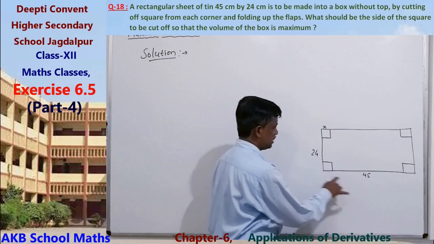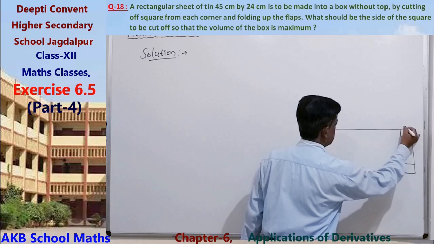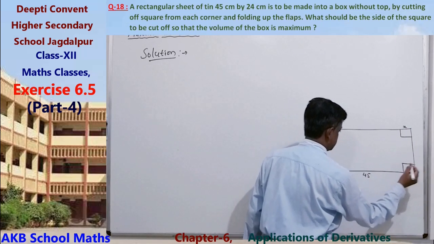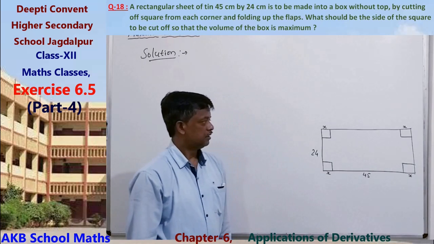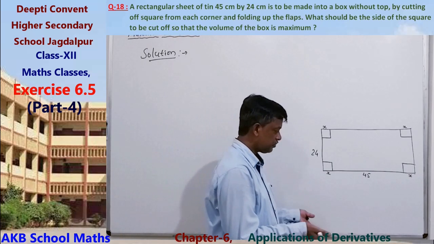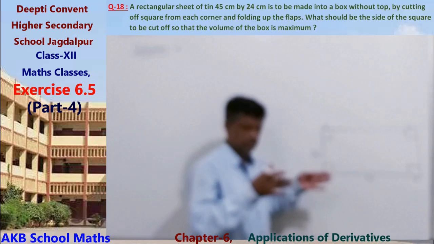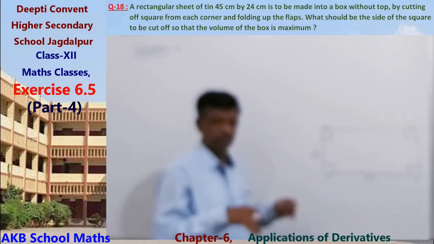Okay, all sides are x. And then by folding it, we have to create a box without top.